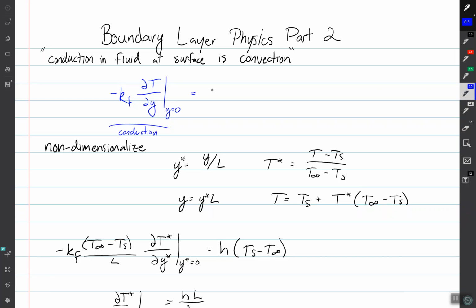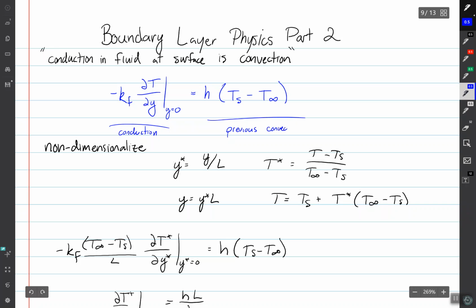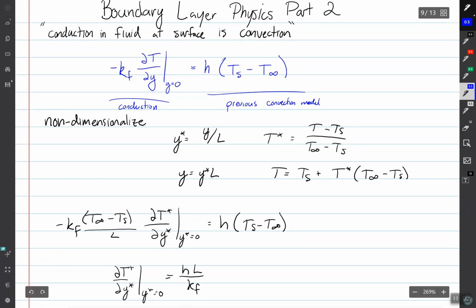That is actually what's going on. How we've been modeling it previously is something like this, right? So this is our previous convection model or convection equation.